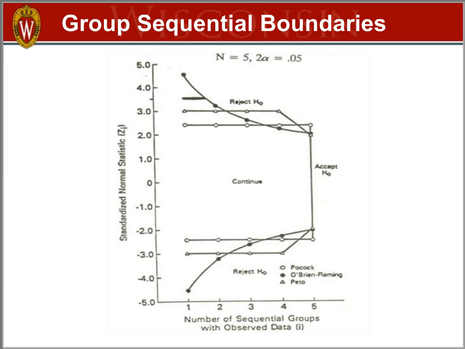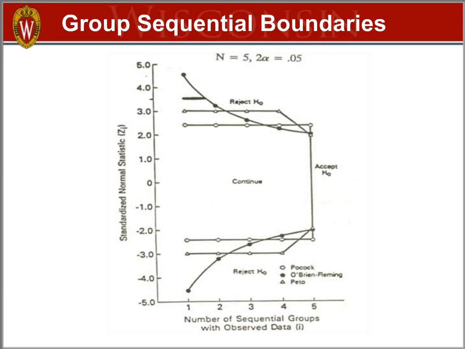The method that's probably most popular, or at least among the most popular, is the one that is represented by the closed circles, which is referred to as the O'Brien-Fleming boundary. This boundary starts out very conservative, relaxes the criteria as you go, and at the end requires a z-value of almost the same magnitude as the Peto and conventional standards.